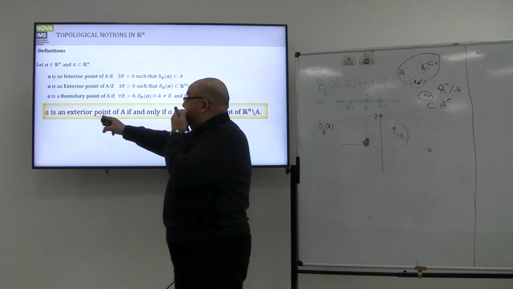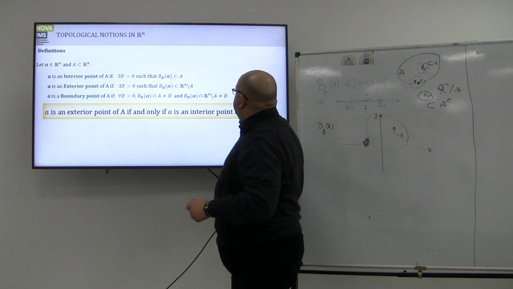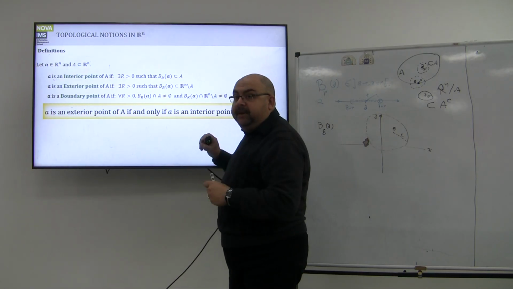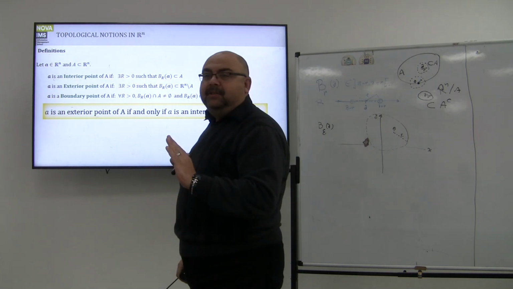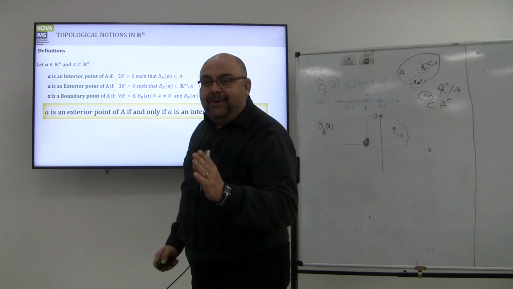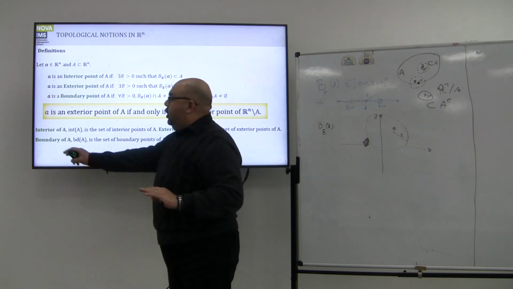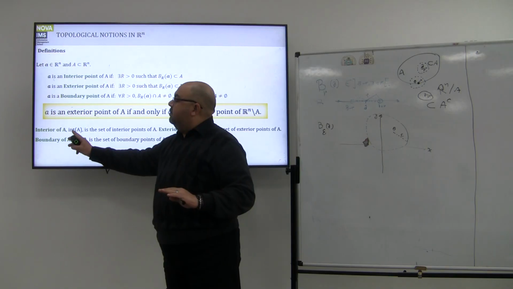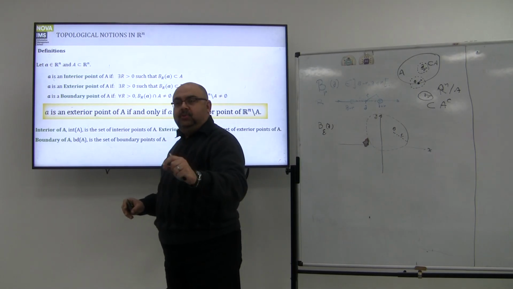A is an exterior point of A if and only if it is an interior point of Rn except A. Which means, if it is an external point of A, it's an interior point of A complementary, or of the whole universe without A. The interior of A can be symbolized by int A, which means this point belongs completely to this set.